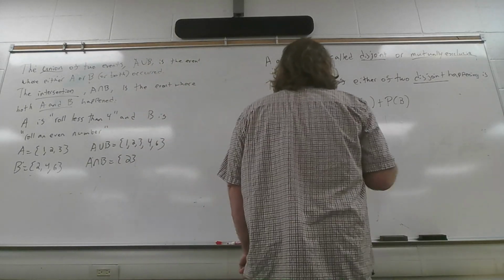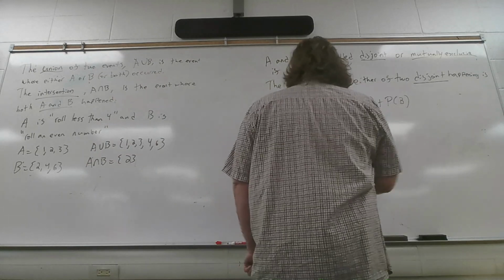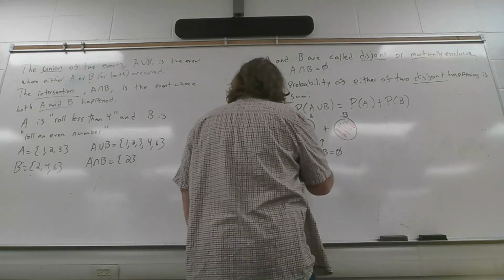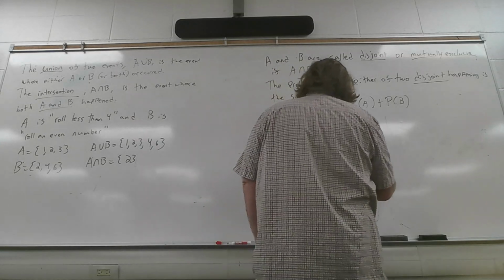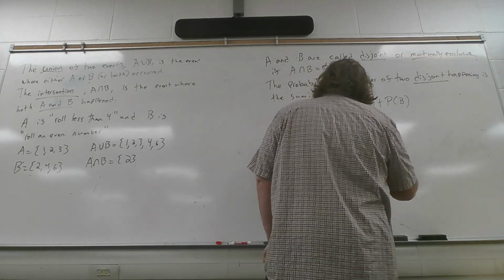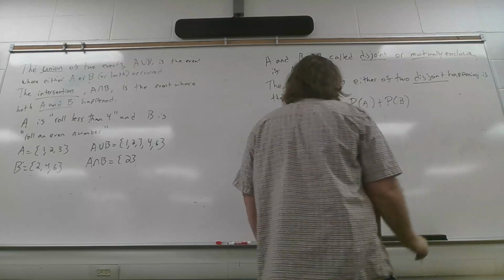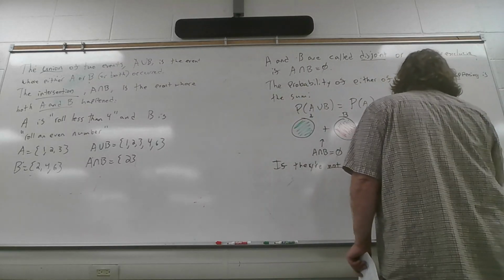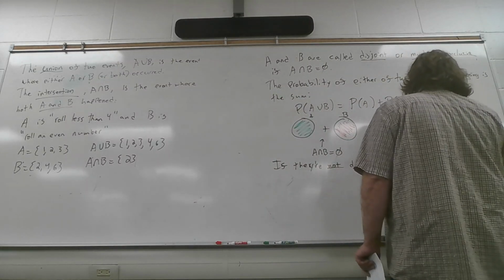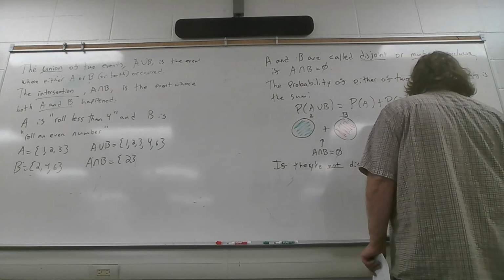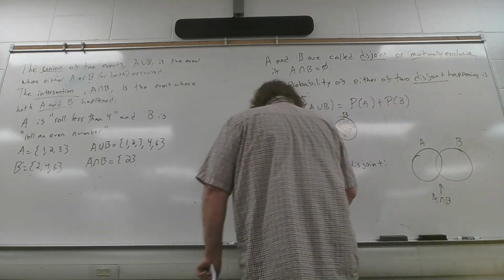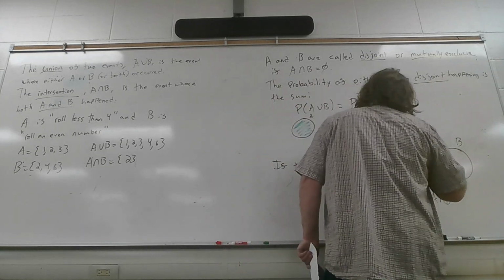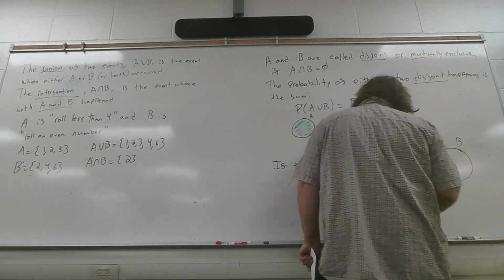So what would happen if they weren't disjoint? So if they're not, well, what does this look like as sets? So we're looking at something like this. And again, that's the intersection. So again, we've got sort of, I'm going to shade it like that.